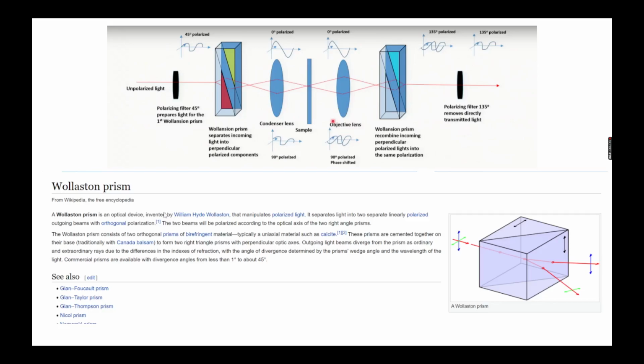When I was going through the lectures, I did a quick Wikipedia search. This lecture is very good, and you can understand exactly how this phenomenon works, or what the working principle of the DIC is.